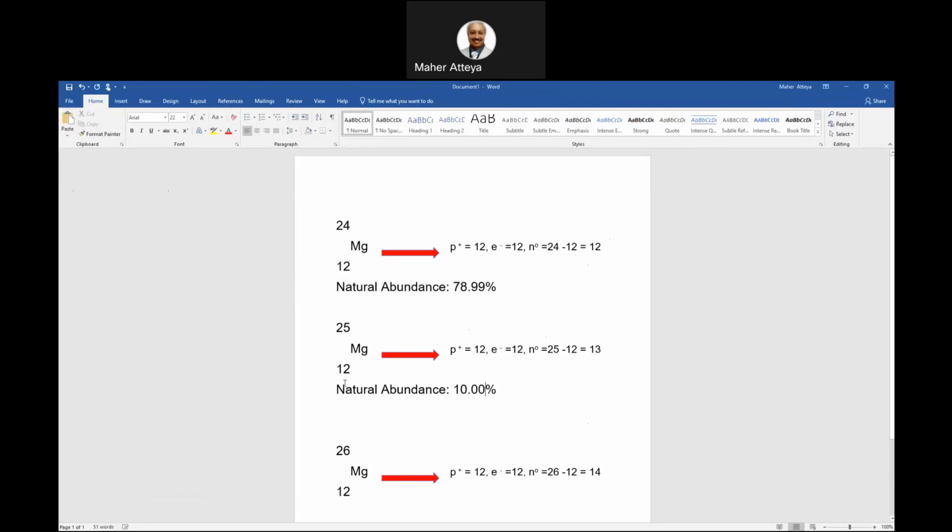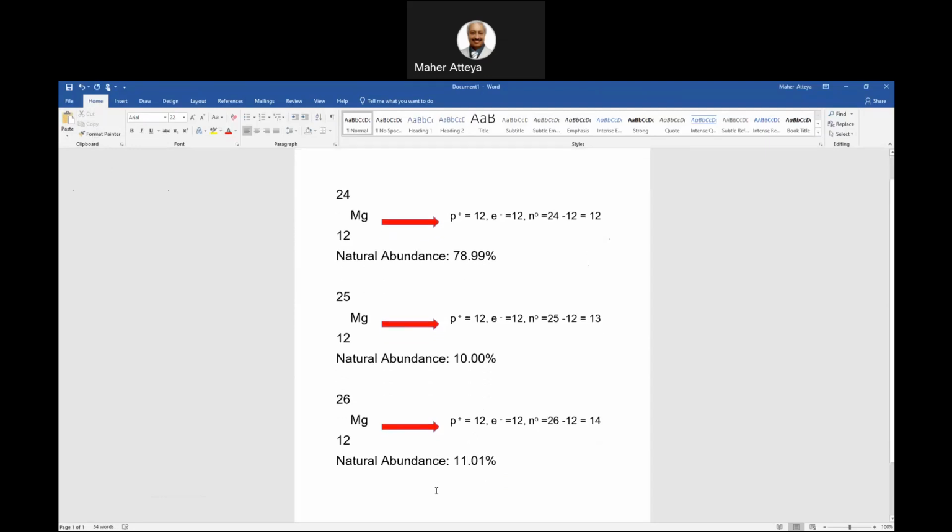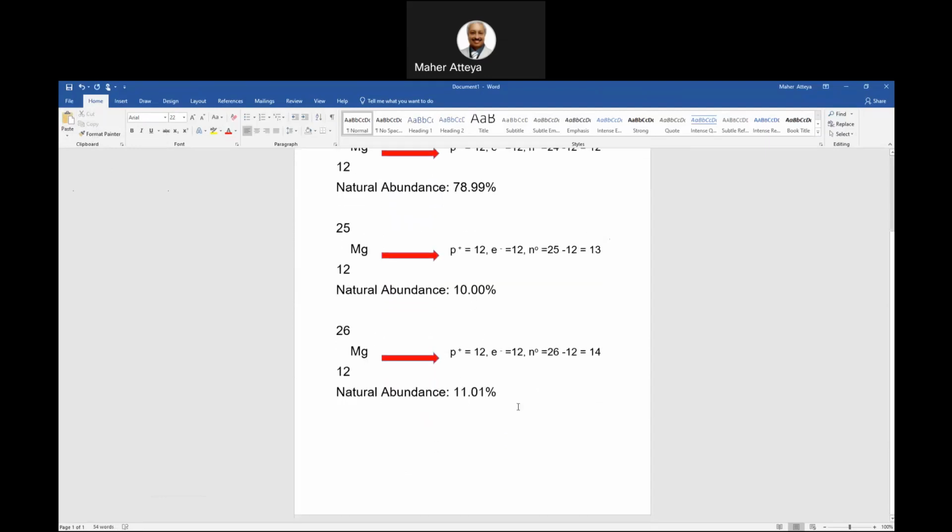Natural abundance 11.01. The question is how to calculate, guys, out of this data here, the average.